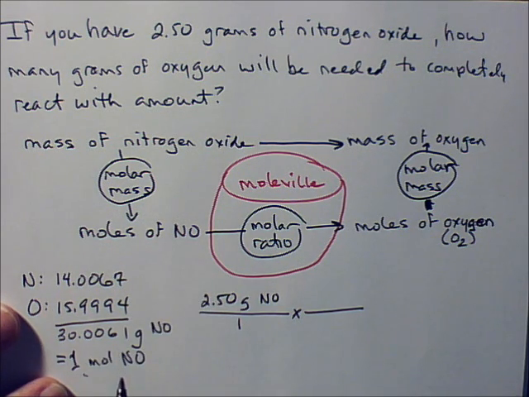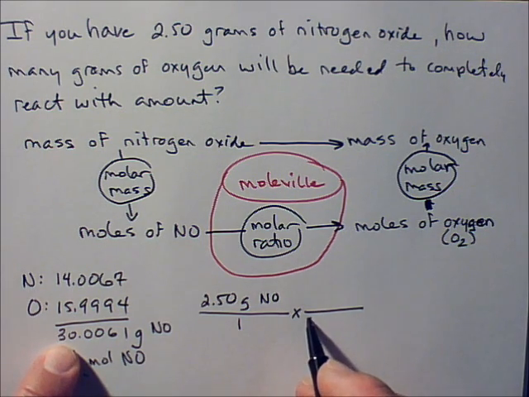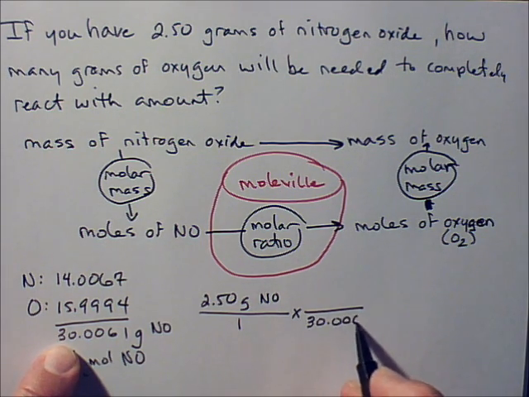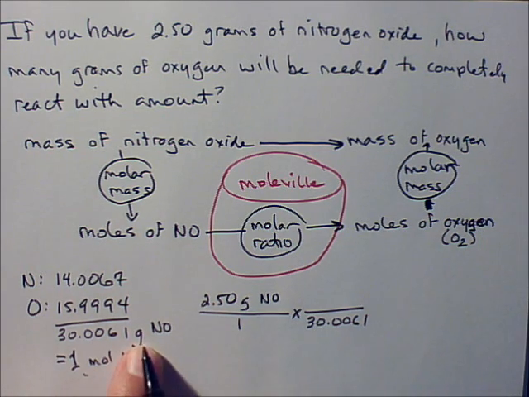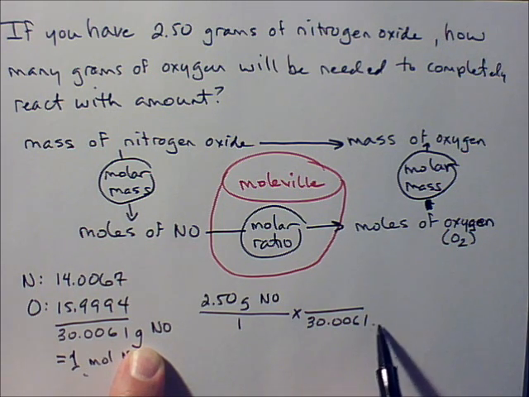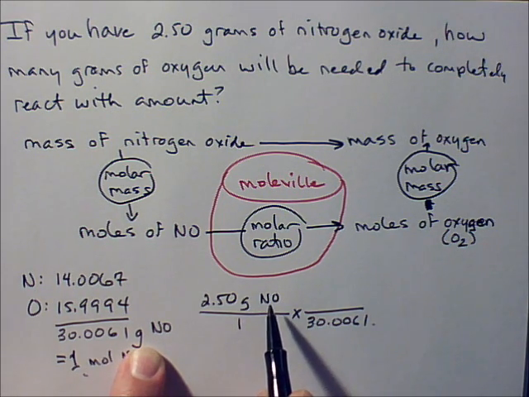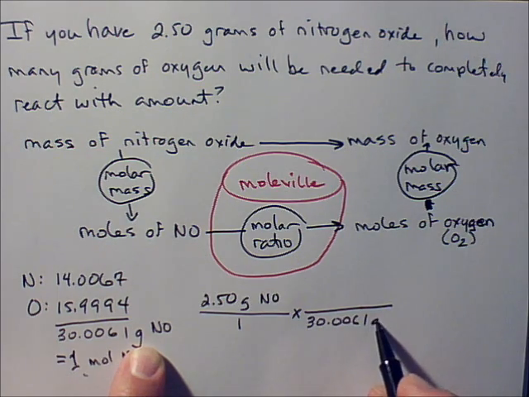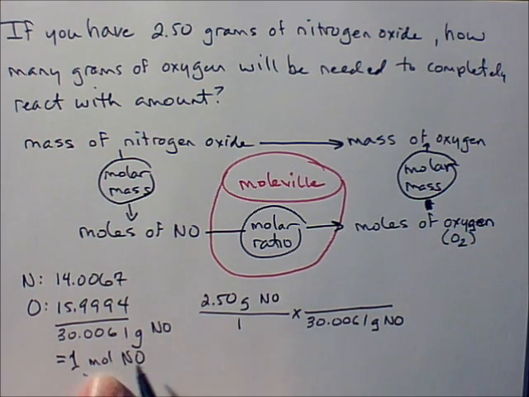Put the 30.061 on the bottom. Yep, the 30.061 goes on the bottom because we want this side of the equality statement down here, because it matches the units and species that we still have left. And the other side of the equality statement goes on the top.